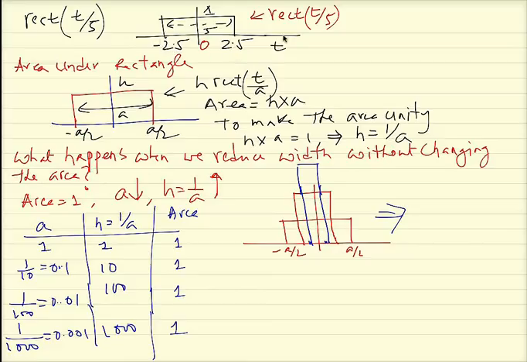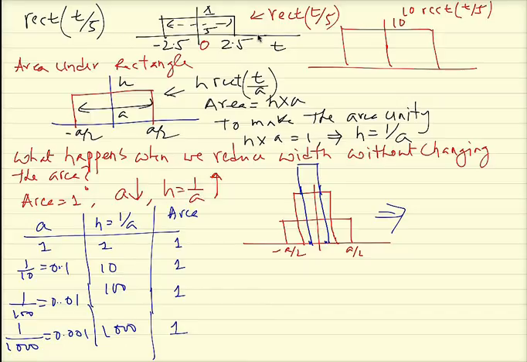Elsewhere it is 0. But if I ask you to draw, for example, 10 rect t over 5, you will get the same signal, only with a higher magnitude. So 10 is the magnitude, and it is also from minus 2.5 to plus 2.5, and it has a width of 5, right?